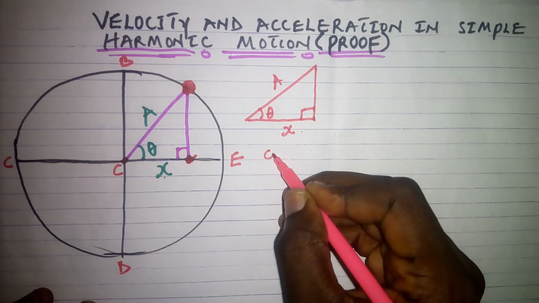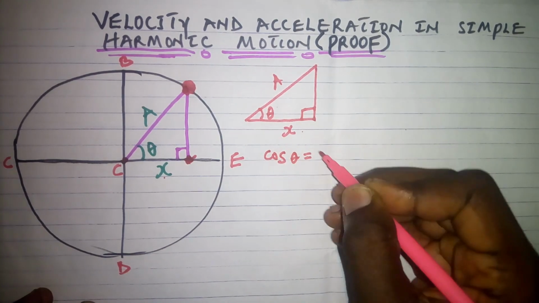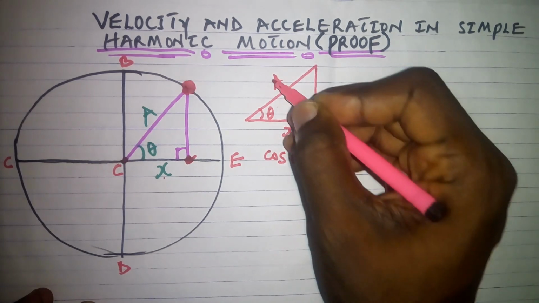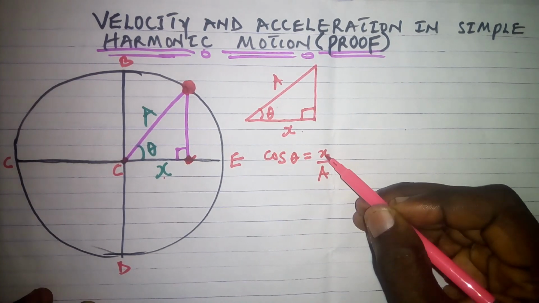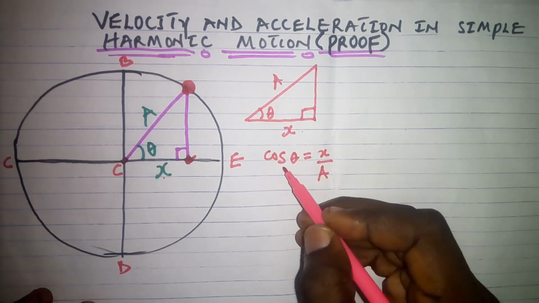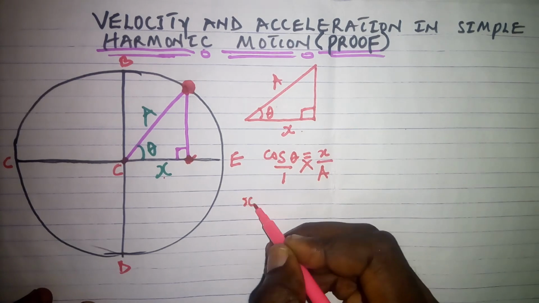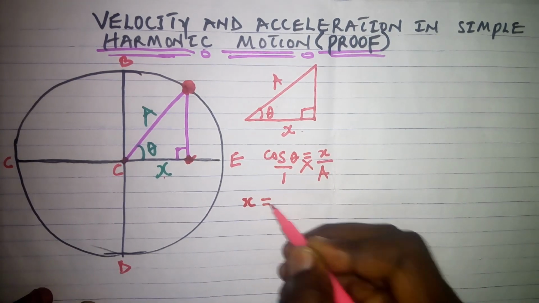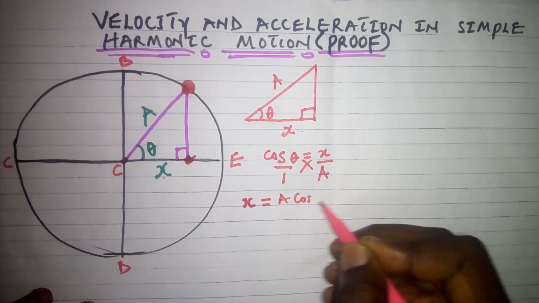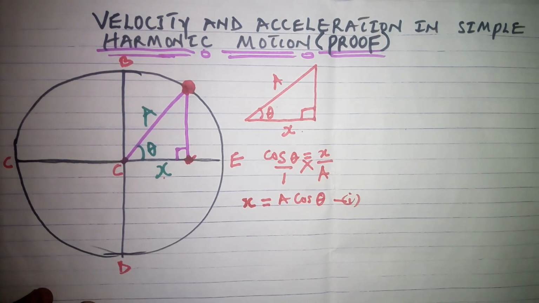So I'm going to say cos of this angle must be equal to the adjacent, which is x, over the hypotenuse, which is my amplitude a. And then I want to make x the subject of this formula. Now I'll cross multiply. So x times 1 gives me x, then a times cos theta gives me a cos theta. So this is my first equation, equation 1.